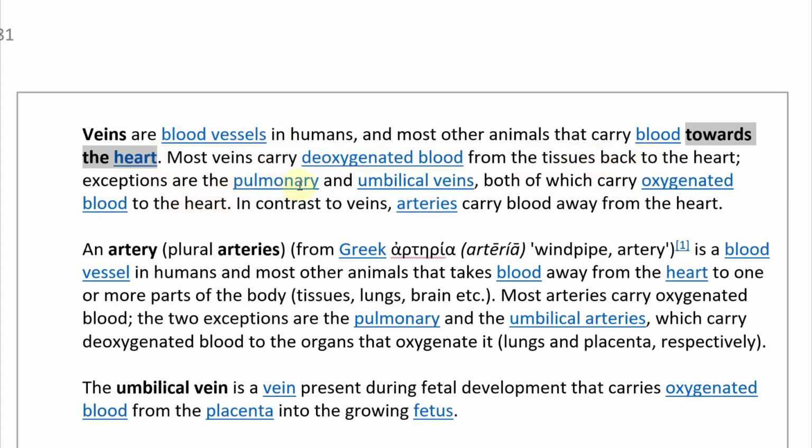Exceptions are the pulmonary and umbilical veins. See the pronunciation here. Umbilical vein. Both of which carry oxygenated blood to the heart. But in the case of the umbilical vein, this is to the heart of the child. So it's going to the fetus there.